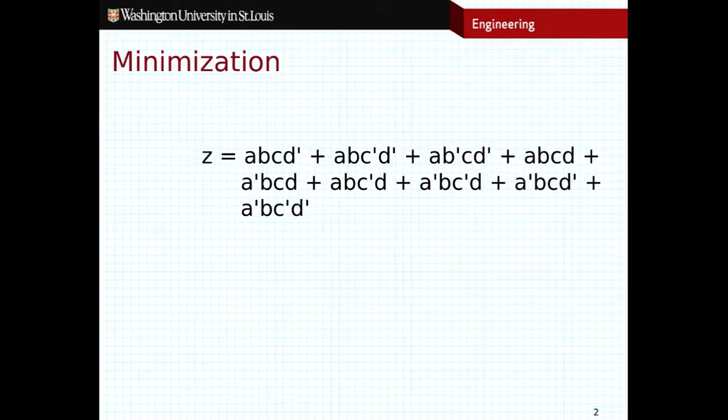To give you an example of what I'm looking for, this very first term here, a, b, c, d naught, and this term right here, a, b naught, c, d naught, vary by only one input, specifically b. So this term has b as true, this term has b as notted, so false, right?